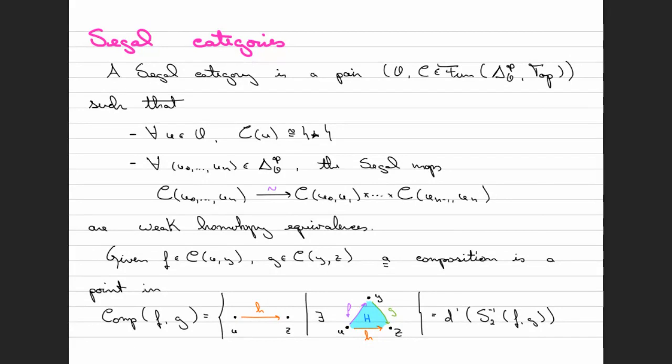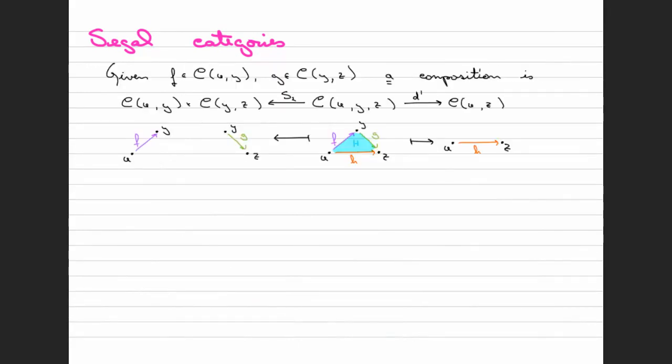So yeah, they're not unique, like in the case of a category, because we don't have an isomorphism, but yeah, we can say that they are a composition. So yeah, this is the drawing. In this case, H is a composition of F and G. All right.